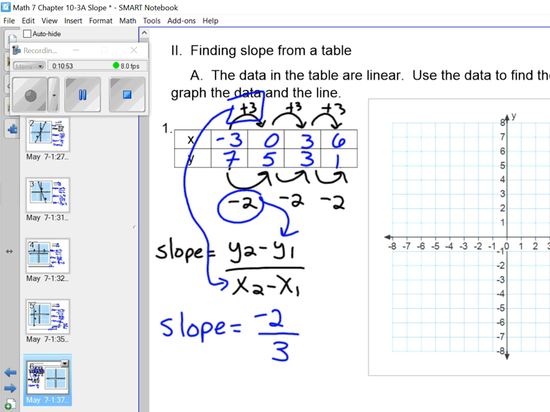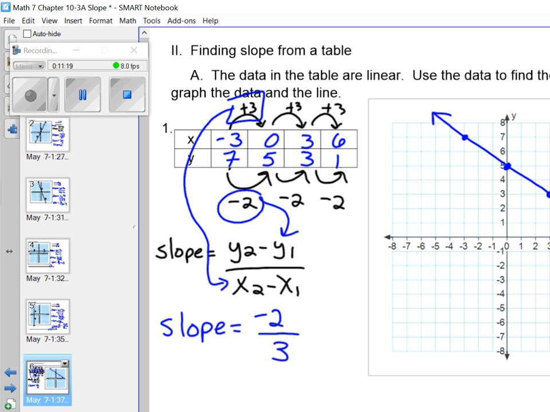So now we have to graph those points. -3, 7, which is up here, 0, 5, 3, 3, and 6, 1. Okay, and I'm going to have a hard time drawing this line because I don't have the option of using a ruler. You do. So I'll do my best.